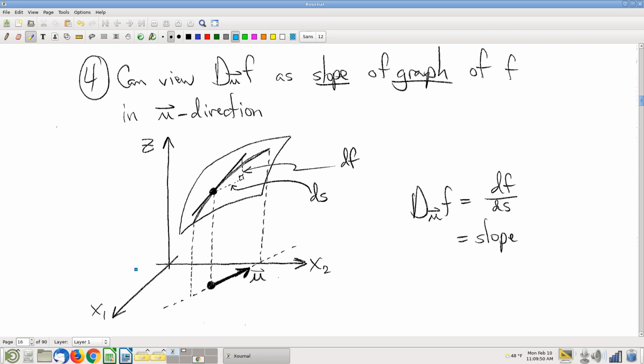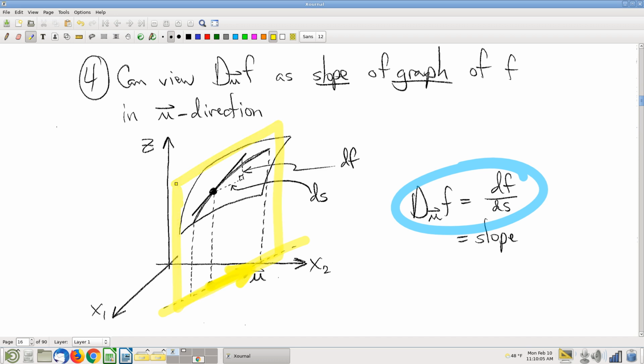So, knowing that the directional derivative is df ds, as I'm going in this direction, if there's a unit vector representing my velocity, then I know I'm traveling in a plane like that, and that therefore, as I hike along the mountain, that's the curve that I'm moving on, which means that I have a tangent line that I'm moving along.